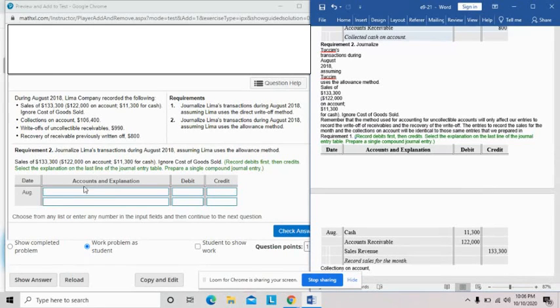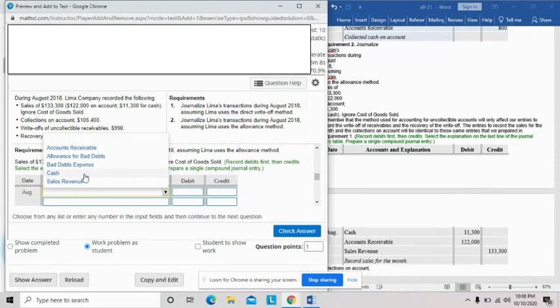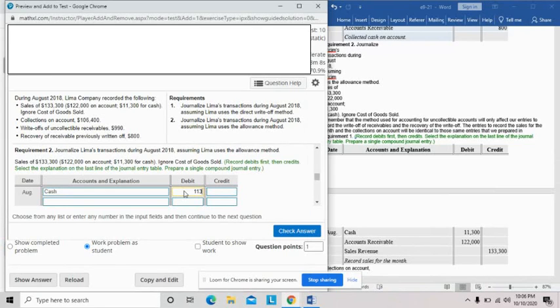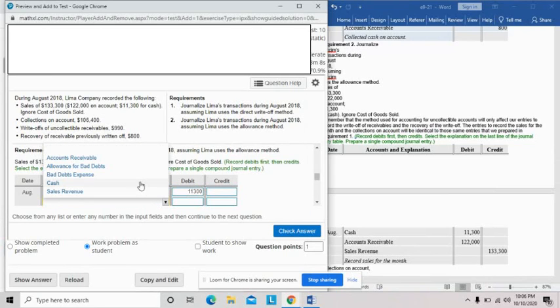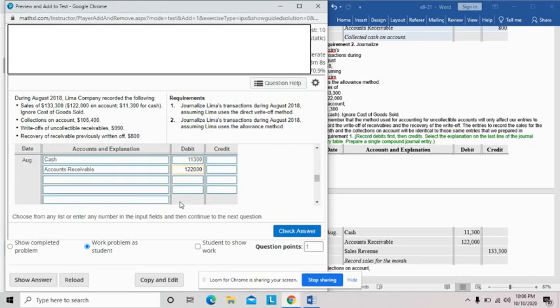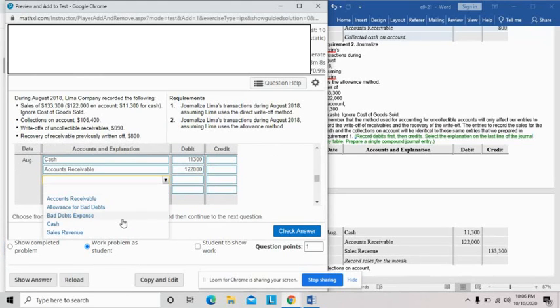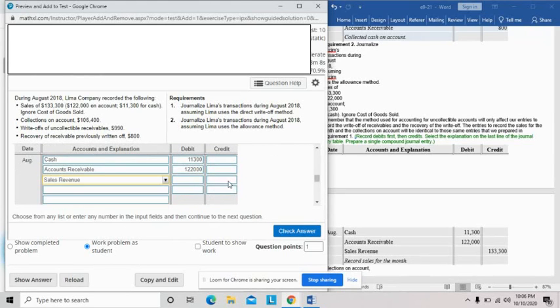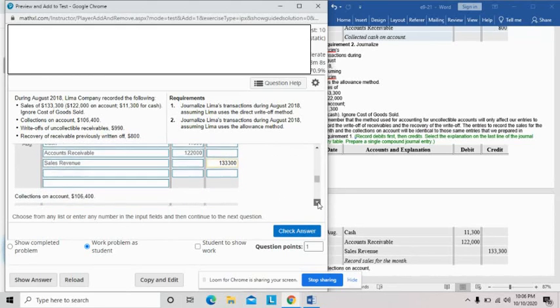So it'd be a debit in cash of 11,300, debit in accounts receivable of 122,000, and a credit in sales revenue of 133,300, the sum of 11,300 and 122,000.